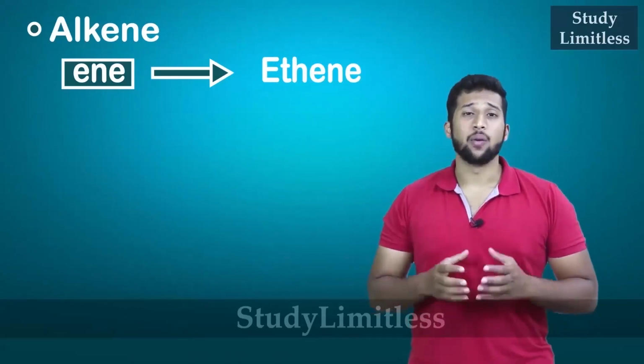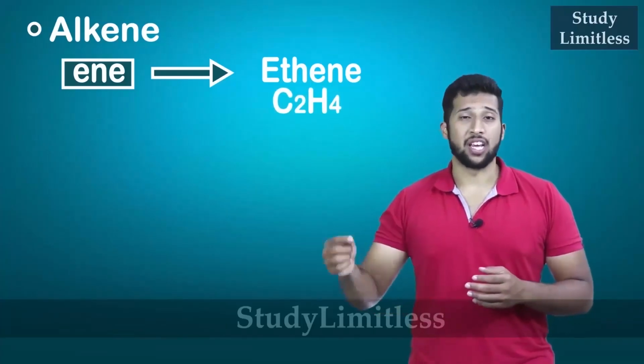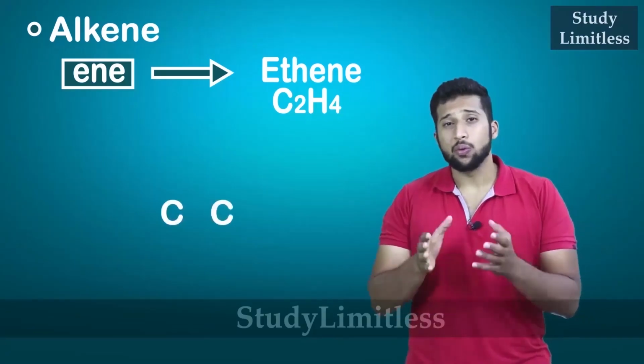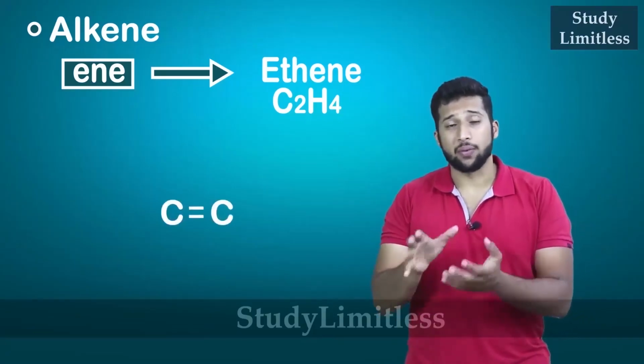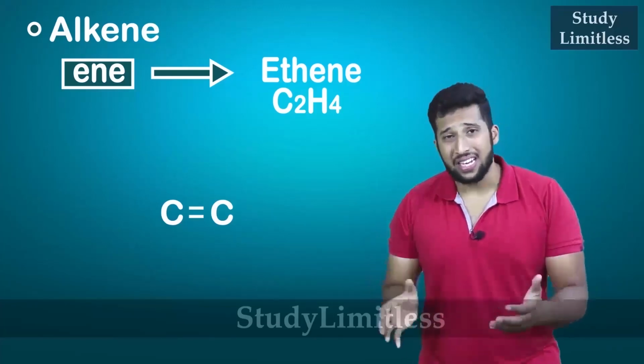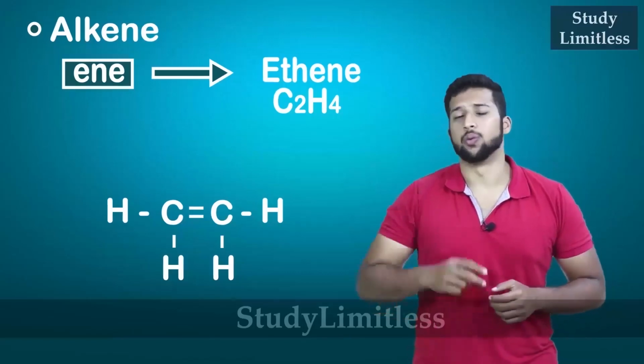In ethene, you have the formula C2H4. In this condition, you have a double bond between the carbons, and hence rather than having 3 hydrogen atoms on each of the carbon atoms, you have only 2.